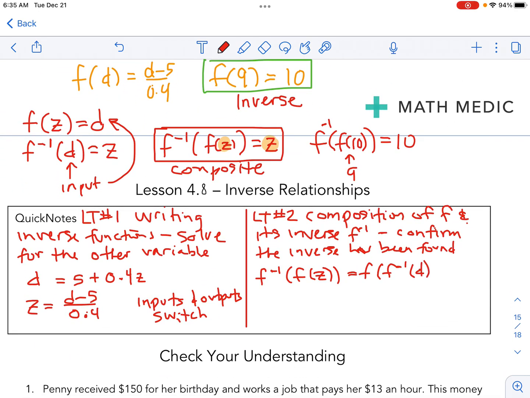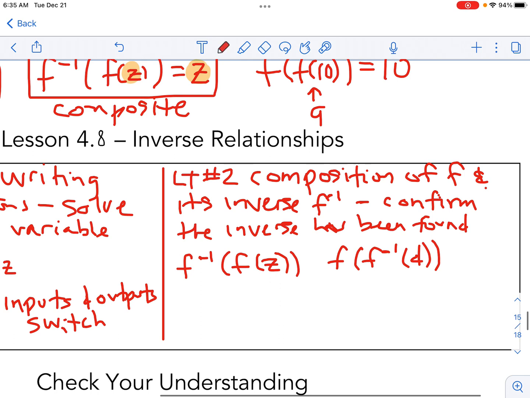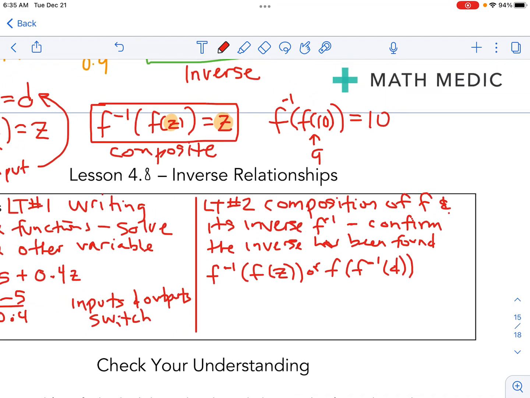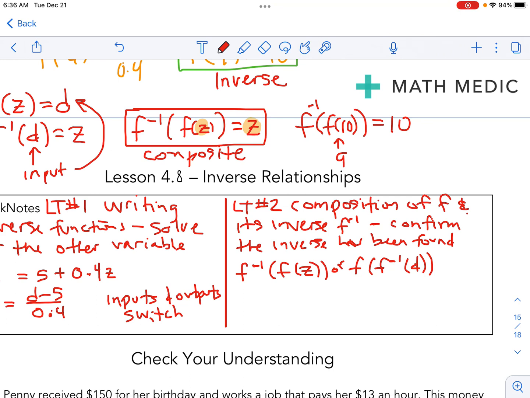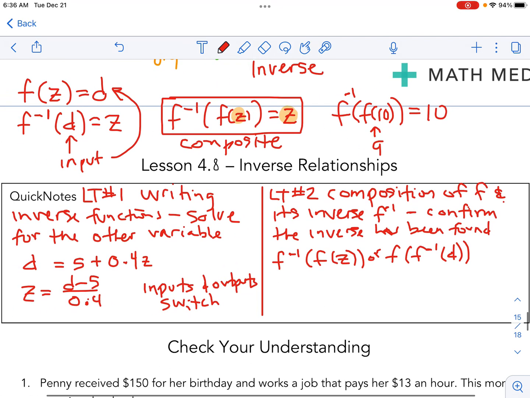In this case, that would be the inverse, f of d, and we could do it either way. In fact, I'm going to erase this and put the word or, because they're not necessarily equal. We could do it either way, so let's just try this.